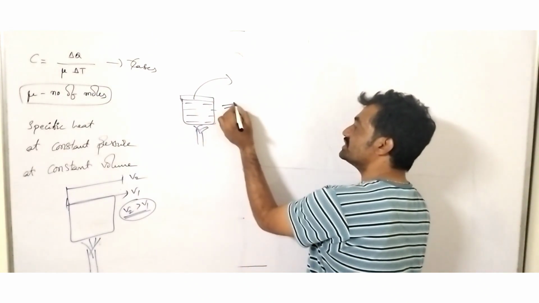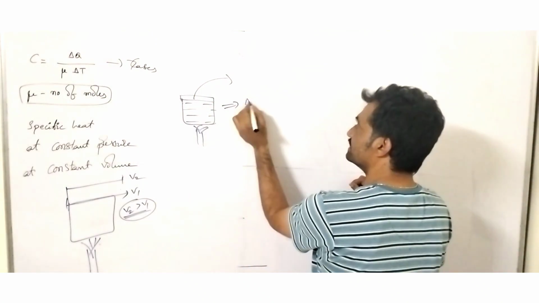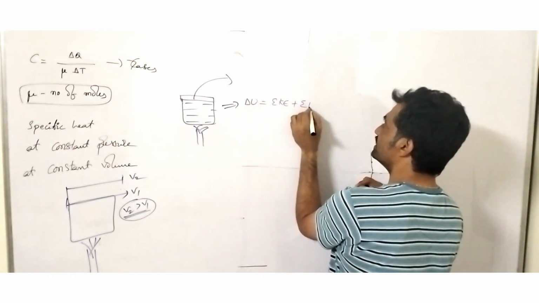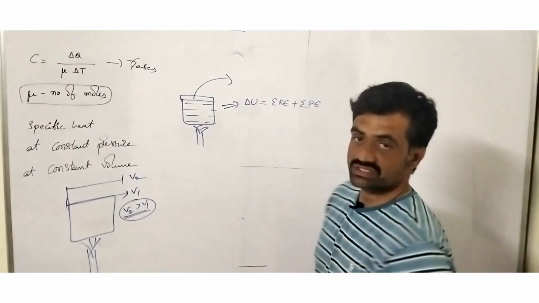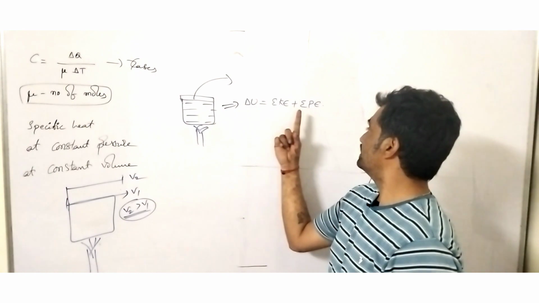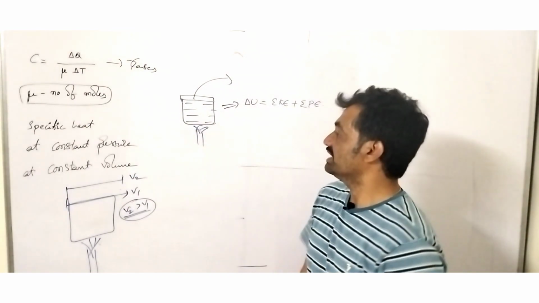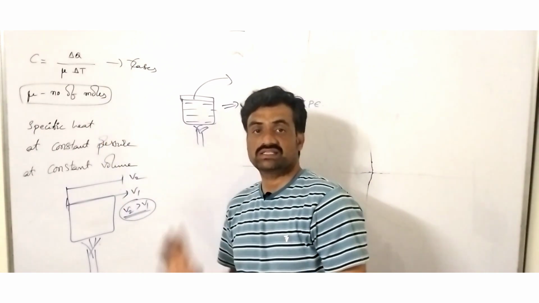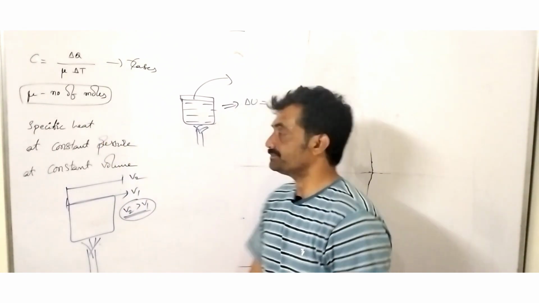The internal energy for a system is given as delta U equals the summation of kinetic energy plus the summation of potential energy. So the internal kinetic energy of the molecules as well as the internal potential energy of the gas molecules represents the internal energy of a system when we consider a gas.